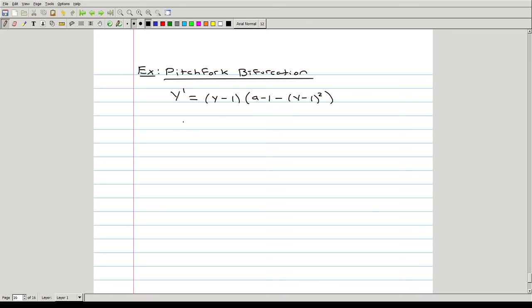And this has equilibrium points when y equals 1. y equals 1 is always an equilibrium point because this always makes this equal to 0.